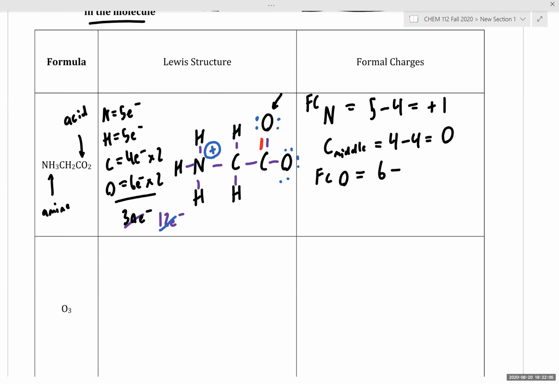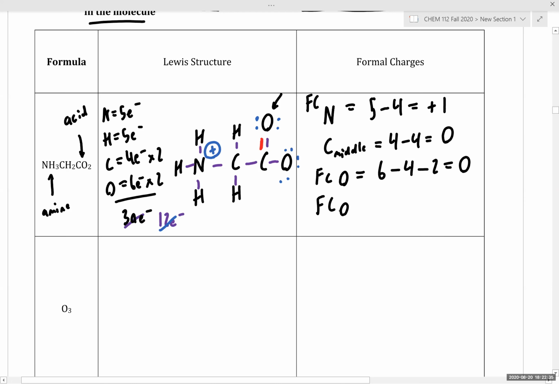How many dots do we see on this top oxygen? For formal charges, you look at each atom individually, but yes, the logic behind your count was correct, actually. We have 4 lone pair electrons, 4 dots on this top oxygen. And how many bonds do we have to this top oxygen? 2. So that gives us a formal charge of 0.